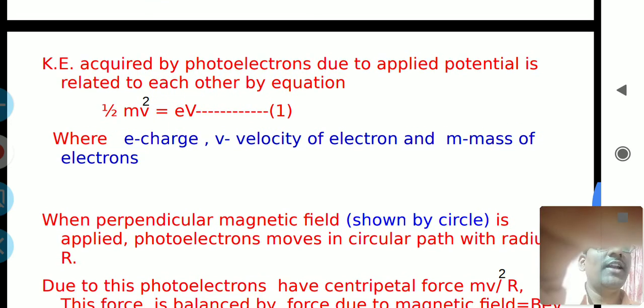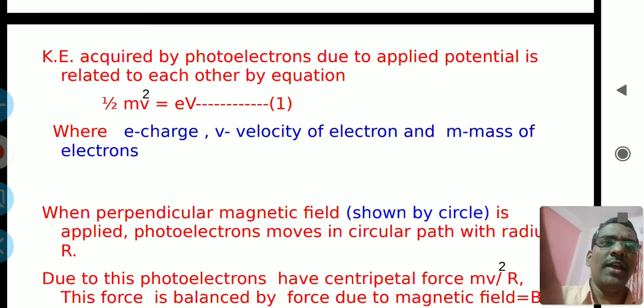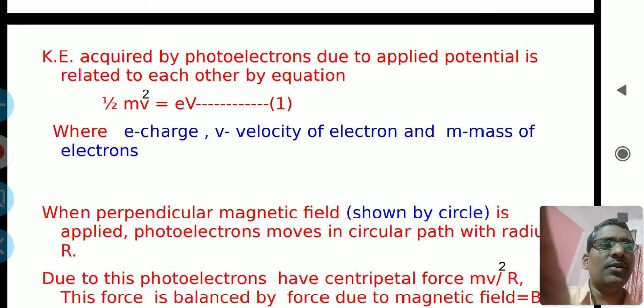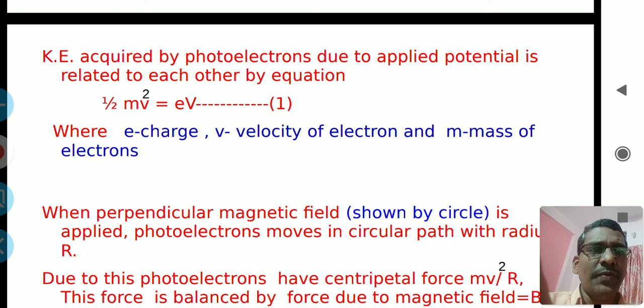Now see the mathematical expression to find out the e by m for the photoelectrons. If we incident the light on the cathode surface and apply the capital V, where V is the potential difference between the cathode and the anode, then at the surface of the cathode, small e into capital V, that is eV, is the potential energy of those electrons on the cathode surface.